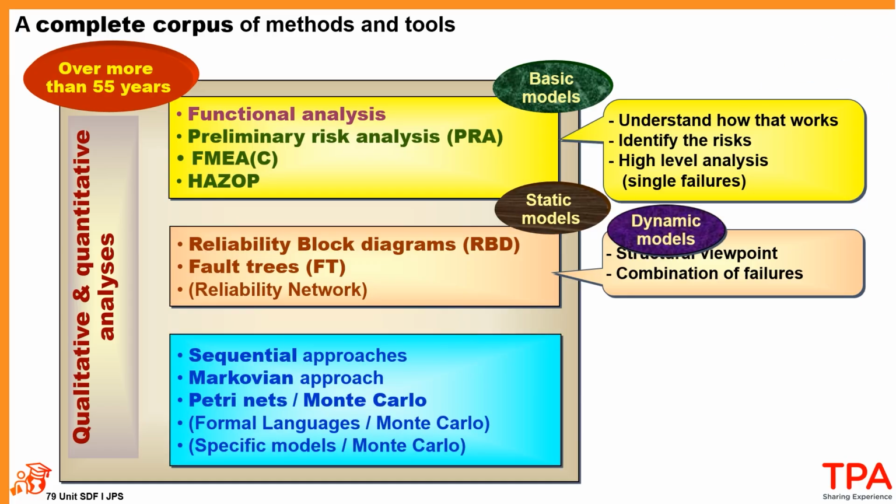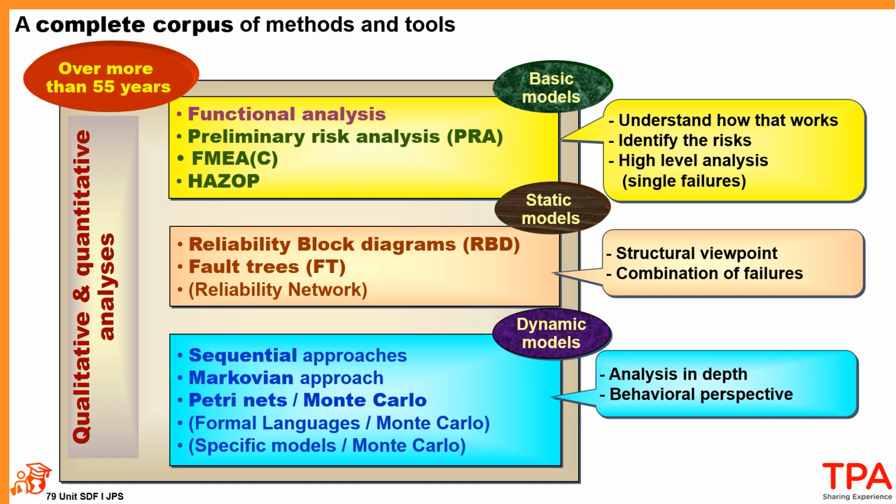And at last, the pure dynamic models like sequential approaches, Markovian models, and Petri nets come to make up for the lacks of the previous approaches. They allow in-depth dynamic analyses as well as behavioral modeling of the systems under study. For large systems, the analytical way of probabilistic calculation has to leave the place to the Monte Carlo simulation.